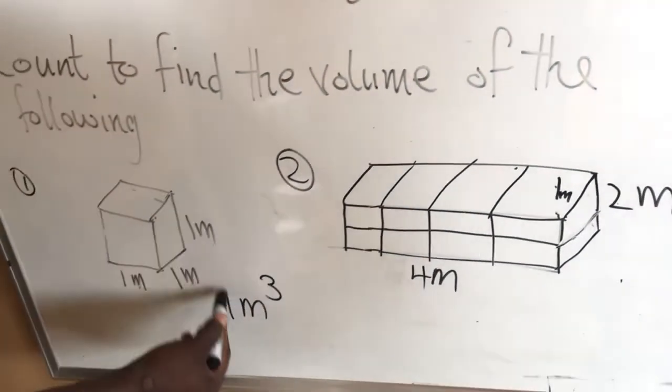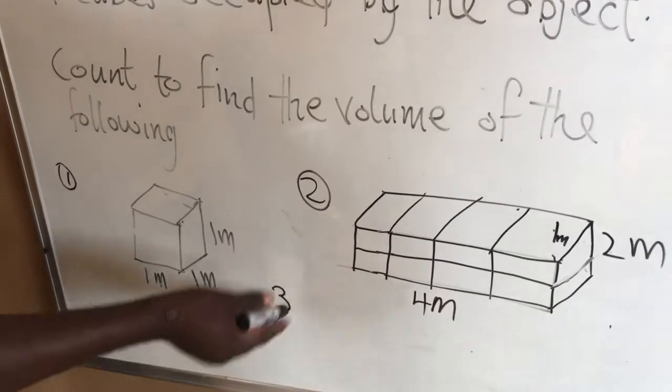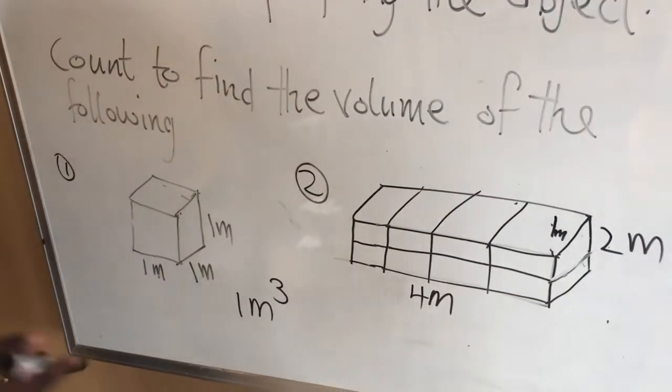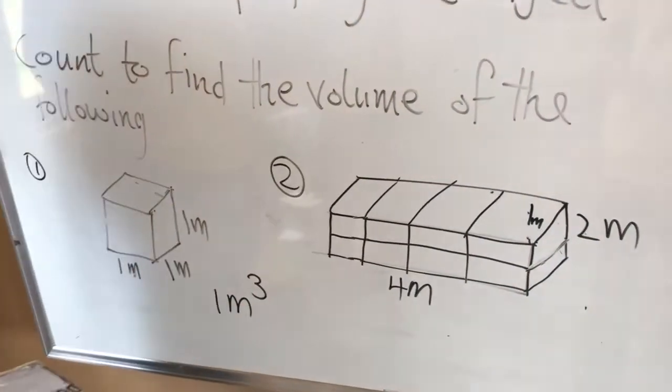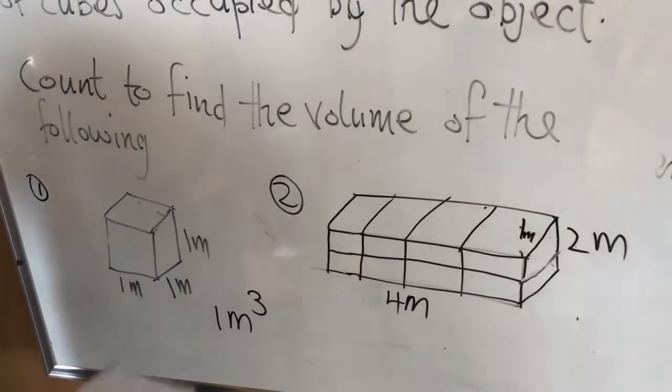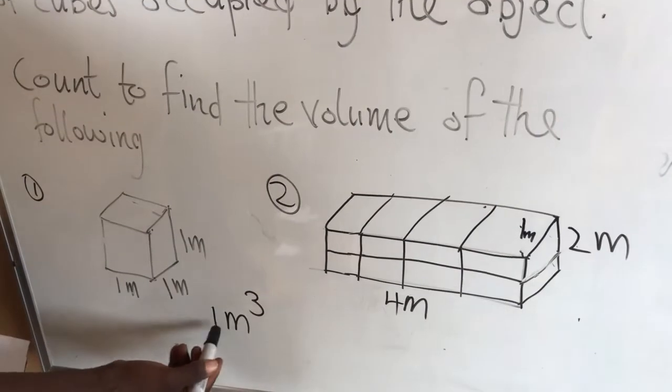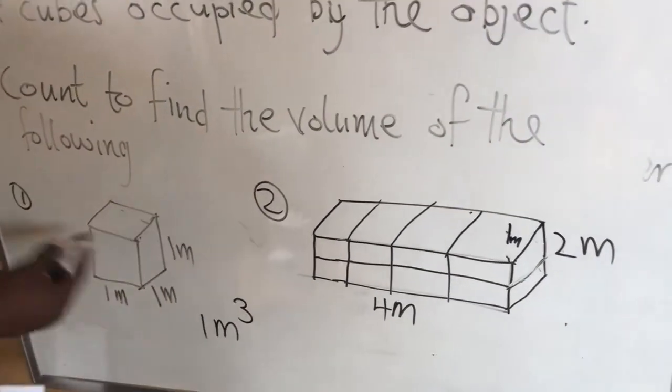The unit for measuring volume is cube. It can be in meter cube or centimeter cube. So 1 cube each, we have 1 meter cube.